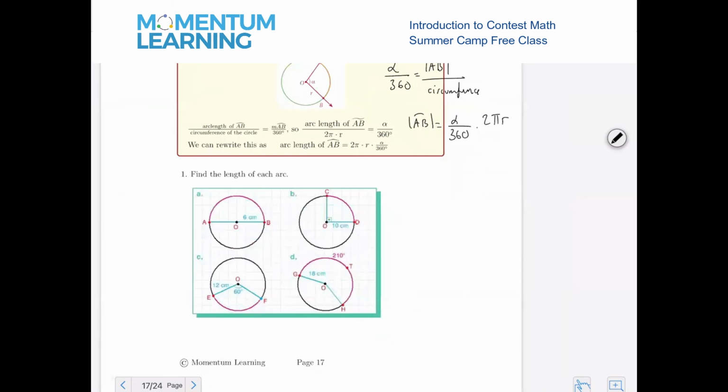Now, in here we find the length of each arc. The question is asking for the arc HG, right? We know this is 210 degrees, which means the central angle here is also 210. So HG is 210 over 360 times 2 times pi times 18.